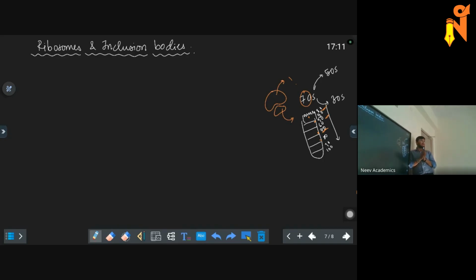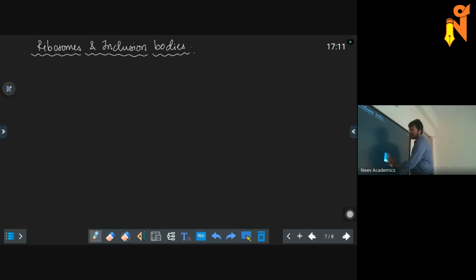So this was density centrifugation, through which we know that the ribosome is 70S, and when I separate both subunits, the larger subunit is 50S and the smaller subunit is 30S. I will explain this again in the eukaryotic ribosome. Just remember it for now.